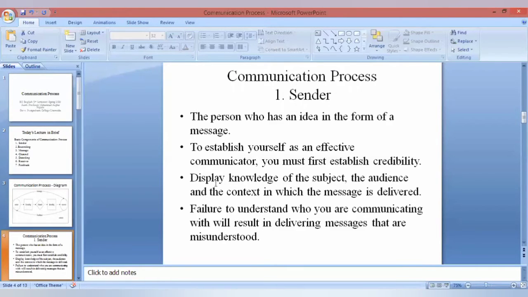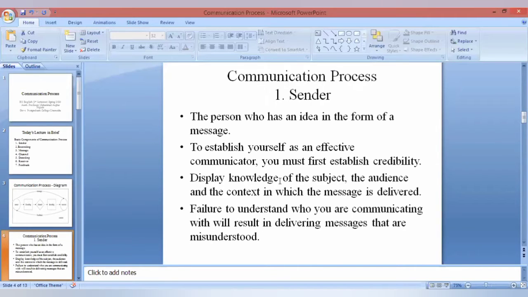In this regard, as a sender, you should always display knowledge of the subject, the audience, and the context in which the message is delivered. Now, there are three things mentioned in this statement. As a good and effective communicator, you should always display knowledge of the subject.